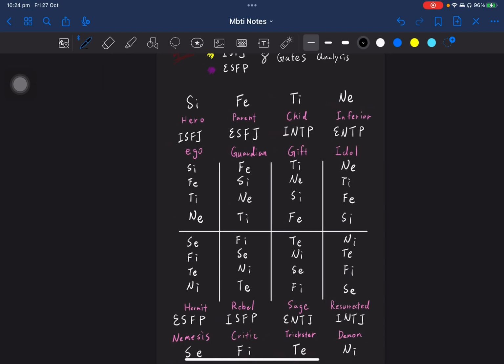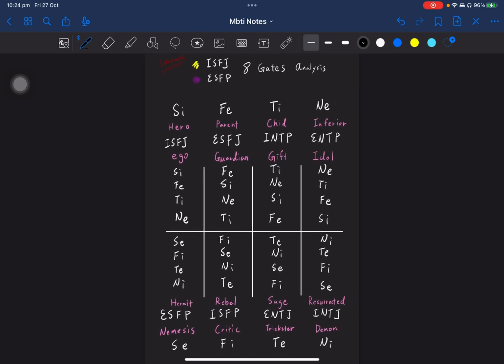Another thing is this 8 gates table is expanded from C.S. Joseph's 4 sides of mind model. In that model, there are only 4 sides of mind. This one is the same, it's the ego, and this one is called the shadow.